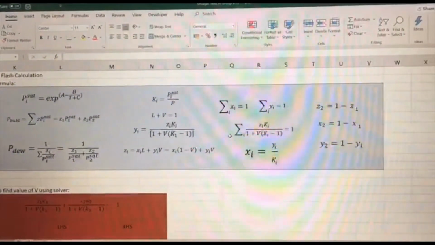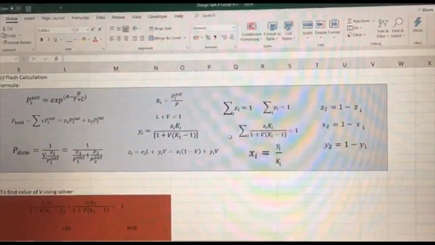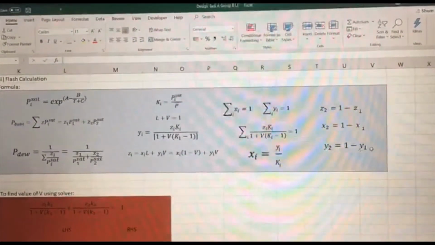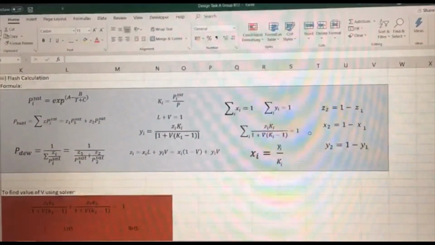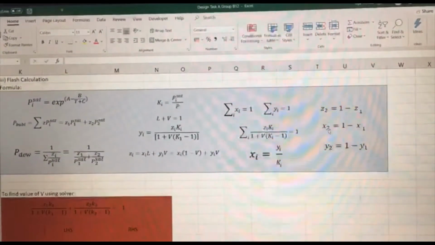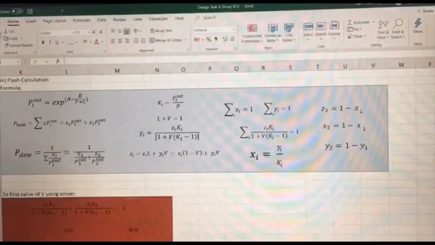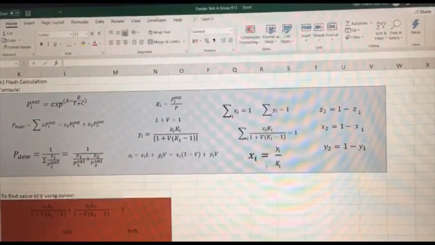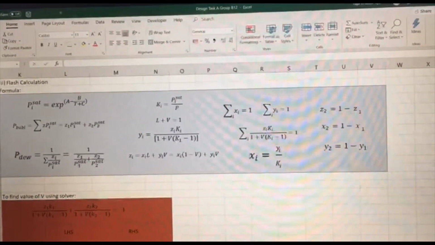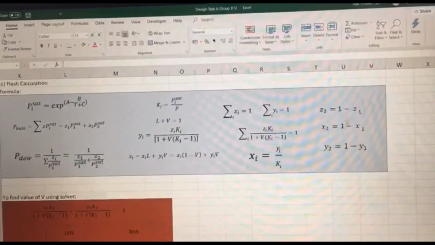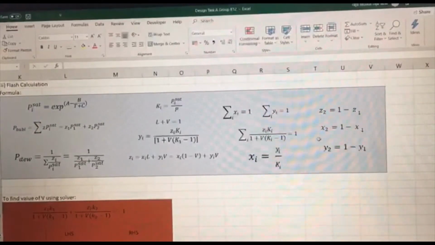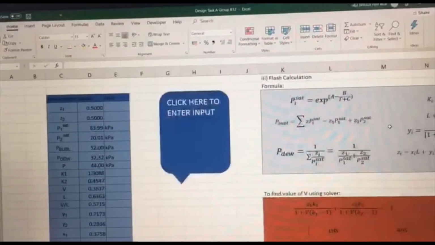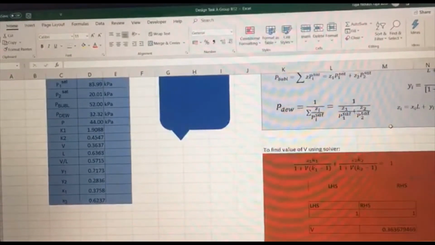After we get Y1, we use Y2 equal to 1 minus Y1. To get X1, we use X1 equal to Y1 over K1, and then X2 equal to 1 minus X1. Then we get all the data needed for this part.